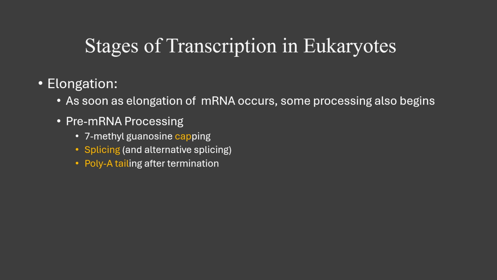It also involves the shortening of the molecule in a process called splicing. This is removing what are called introns, and I'll show a diagram that shows that in a minute. And then lastly, it involves adding a tail, and the tail is formed by a whole bunch of A nucleotides being added. So this is called polyadenylation.